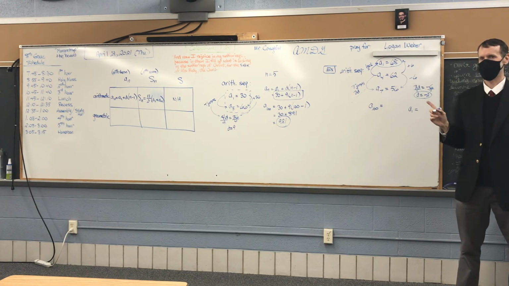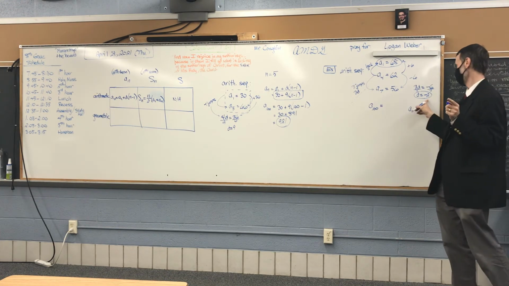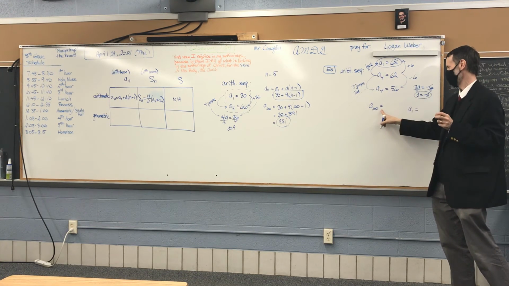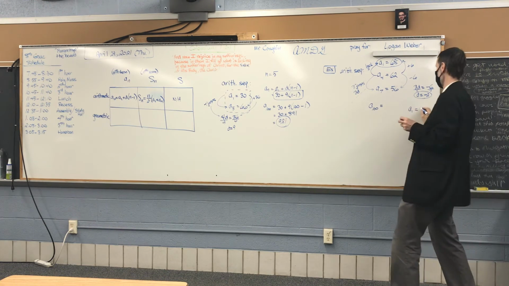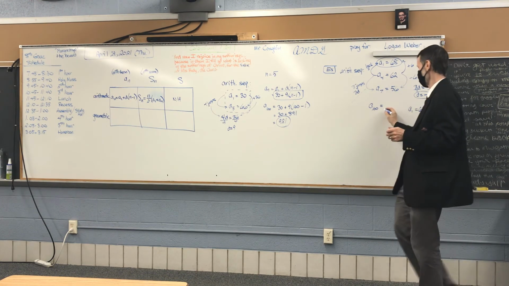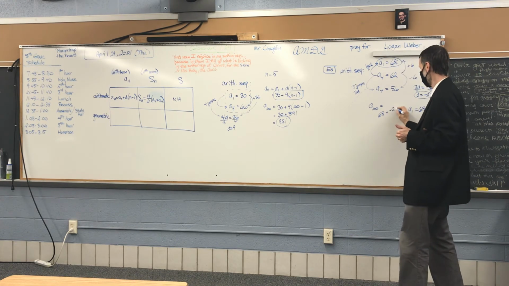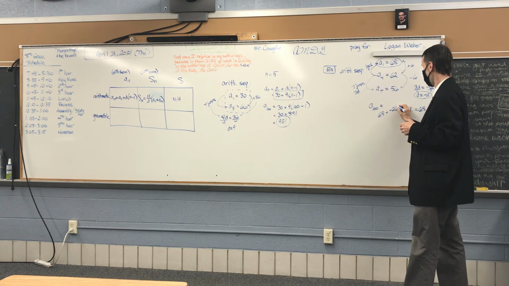So, take over. I've got D. I've got A1. I want to get A100. 68 plus D, negative 2, in parentheses, times 100 minus 1.